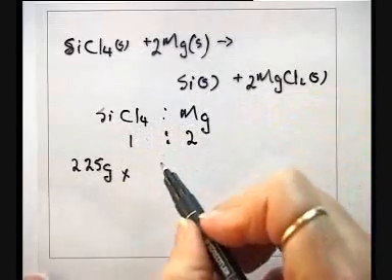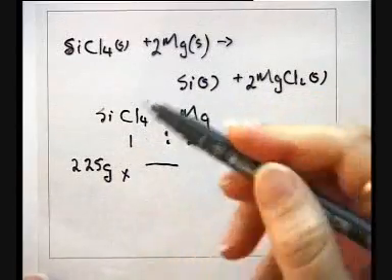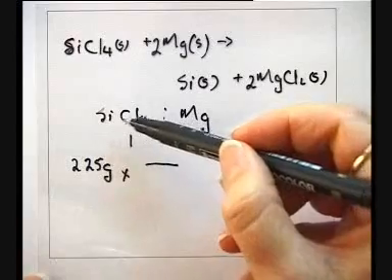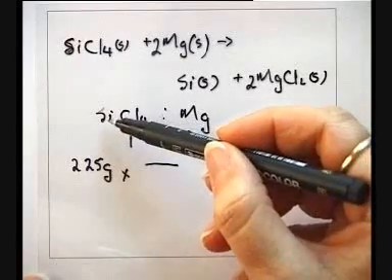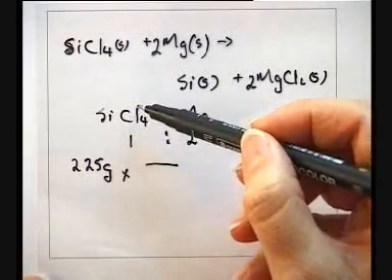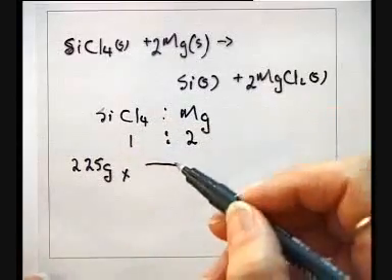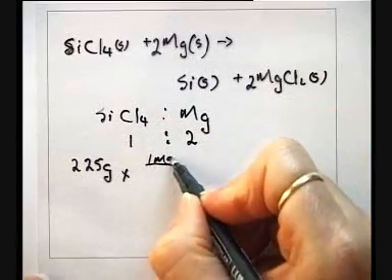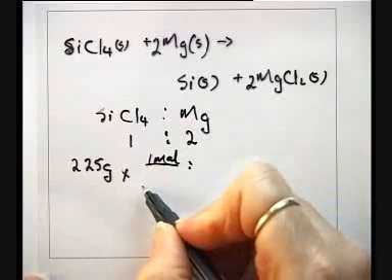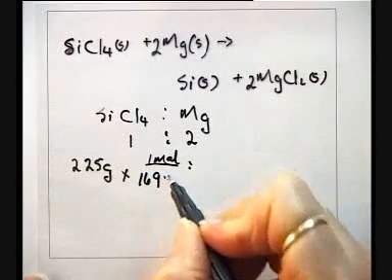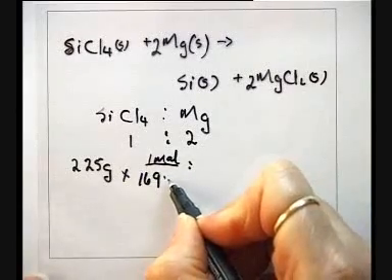factor. Going to your periodic table, sum the molar masses of the different elements: 1 atom of silicon plus 4 atoms of chlorine. The molar mass, 1 mole, will weigh 169.898 grams.